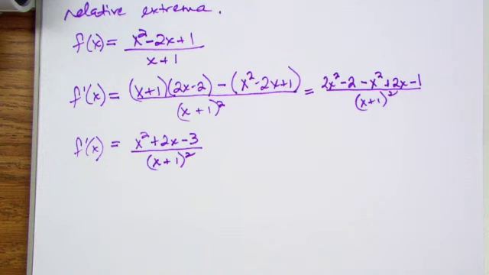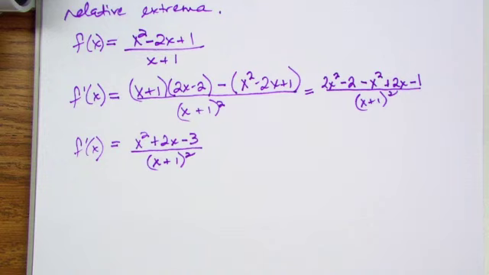Okay, so what are these three values? They're critical values. What do I need to do with them? Put them on a sign chart. And then what do I need to do?